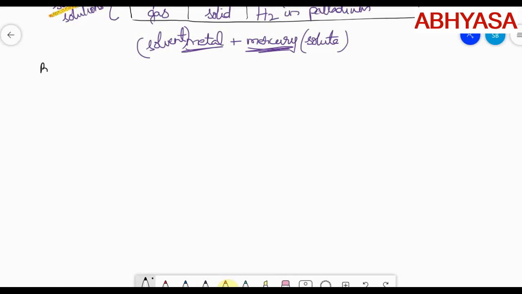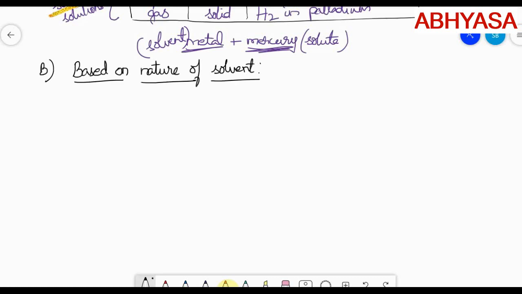Now let's discuss another type of classification, that is the classification based on the nature of the solvent. Let's see. Whenever the solvent used is water, then we call that kind of solution an aqueous solution.